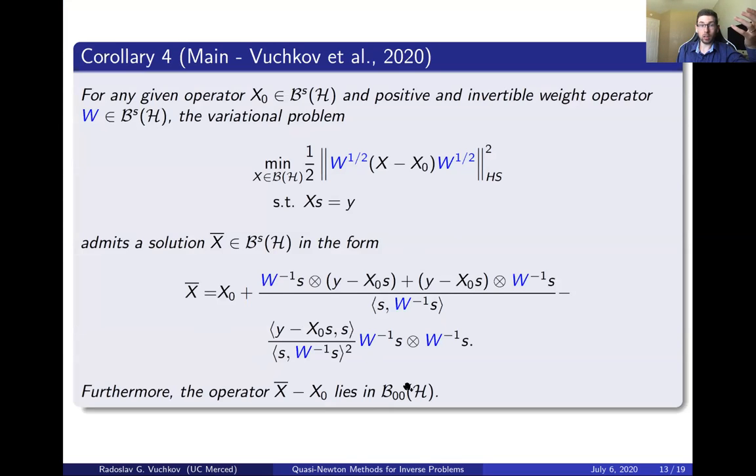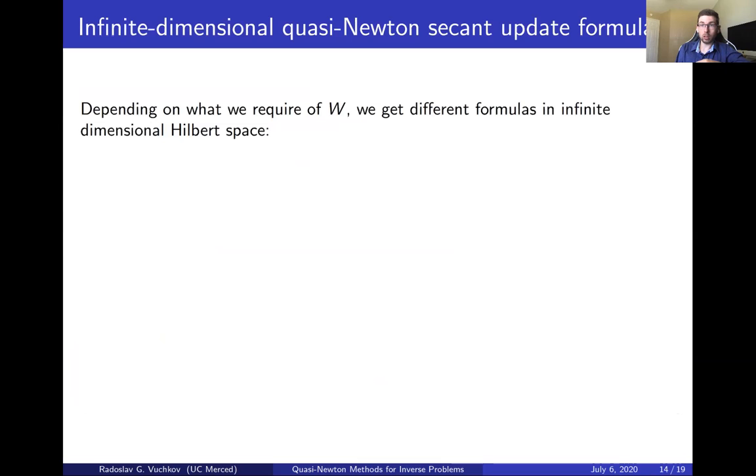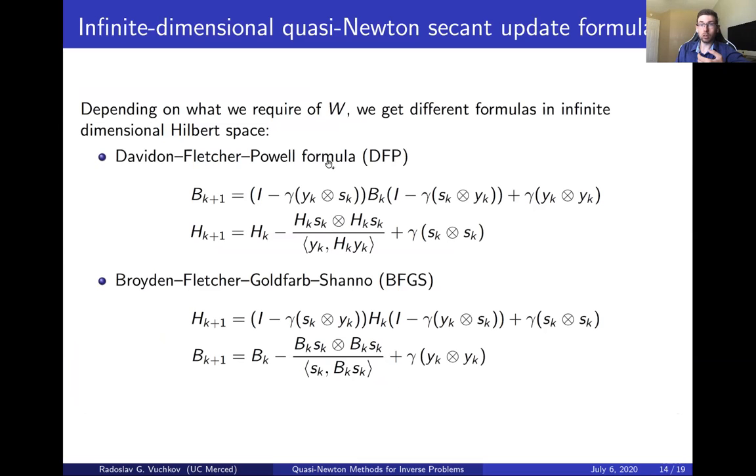But the benefit now is that we have this W operator that allows us a freedom, right? And depending on what we require from W, we can get a different update. So for example, if we require W to satisfy the secant constraint, we'll get the DFP update. And if we require W inverse to satisfy the secant condition, then we'll get the BFGS update.